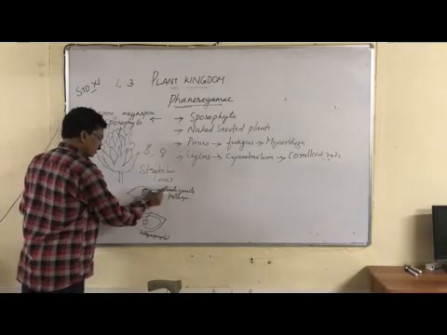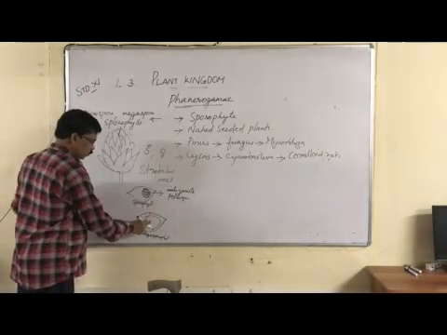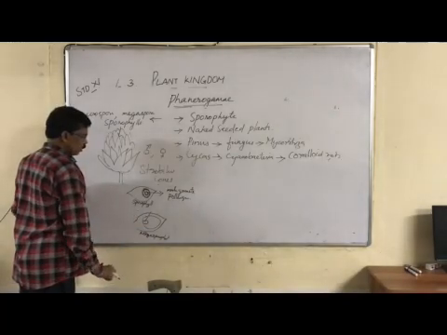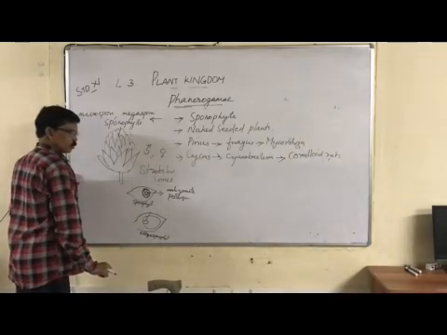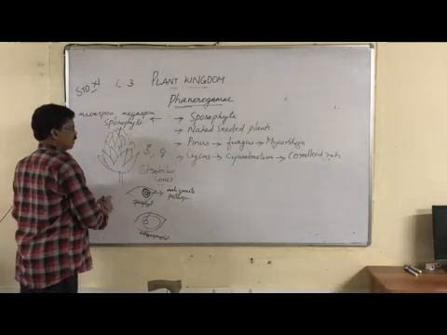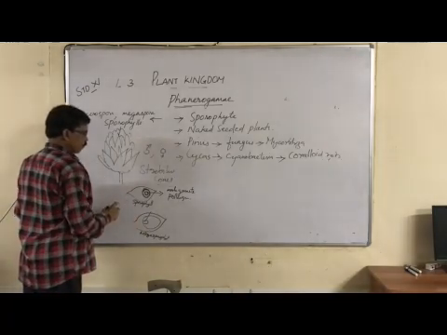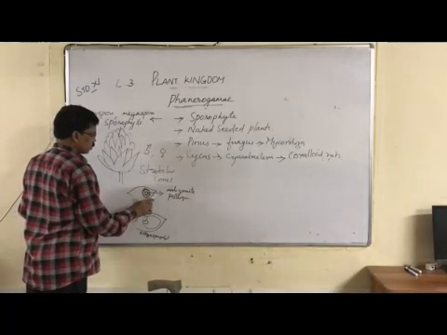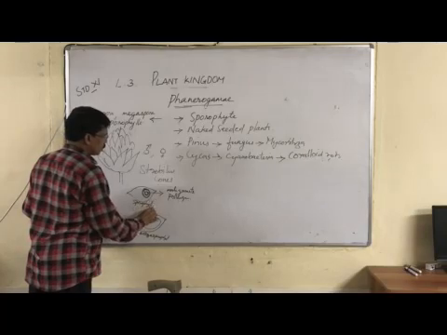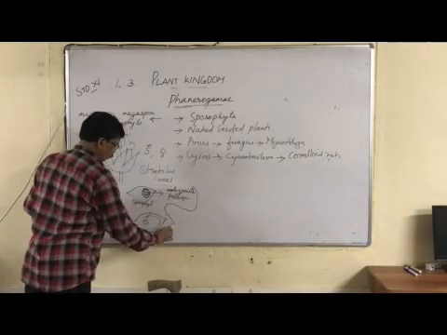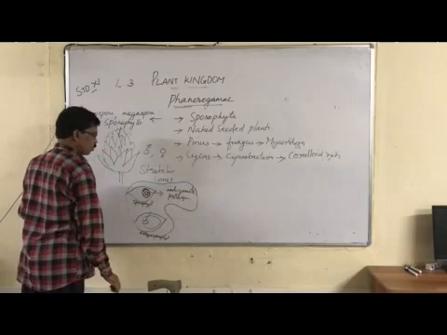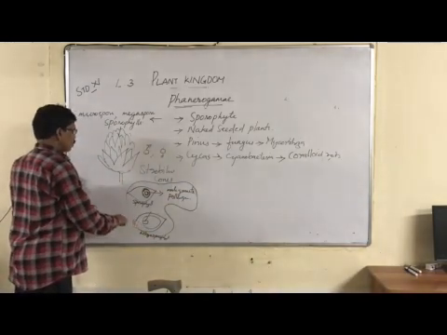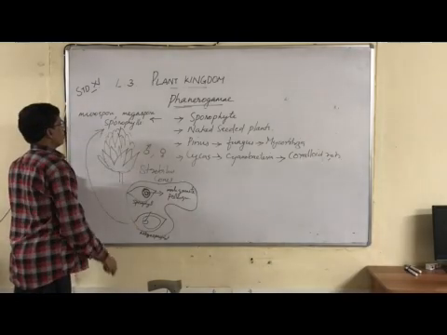The pollen grain fuses with the egg to form the zygote. Now the zygote grows into what? Sporophyte again. Zygote now develops into sporophyte.